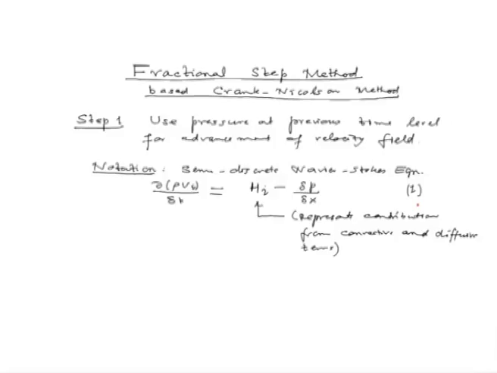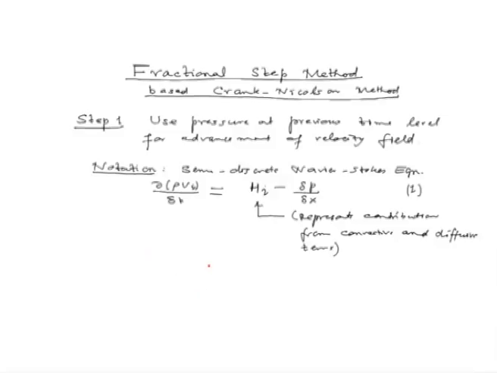Now, we are using the Crank-Nicolson scheme. So, the Crank-Nicolson scheme involves the values at the new time level as well as the value at the old time level, and a simple average of the two. That is the basis of the Crank-Nicolson method. Pressure, we do not know the new values, so we will use only the old values here.